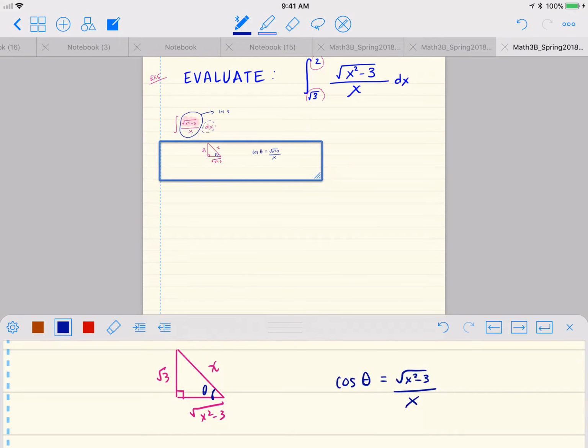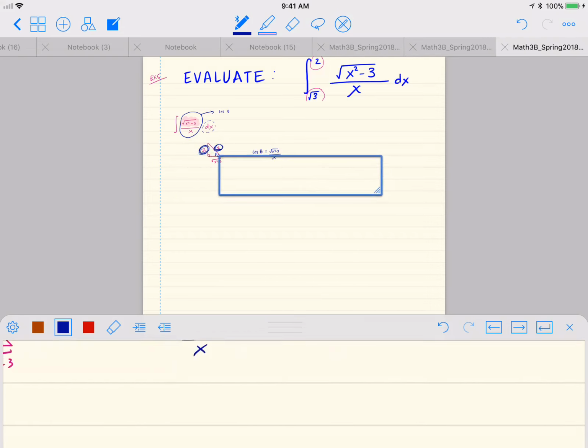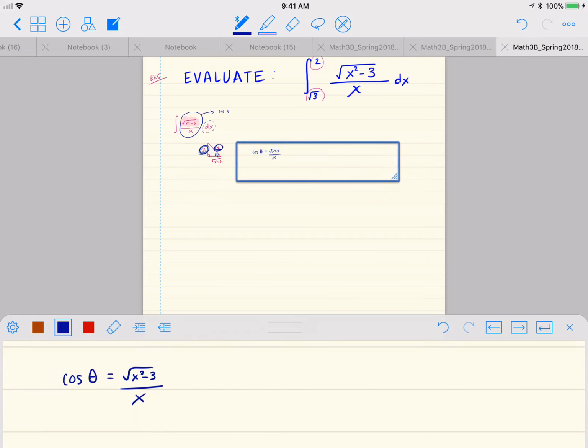In order to find dx, I need a relationship between x and theta that is as simple as possible. If I just use the square root of 3 and the x, that'll give me a very simple relationship between theta and x.